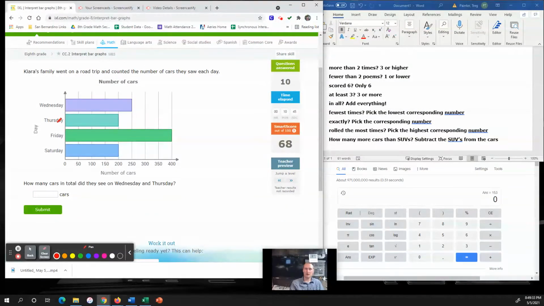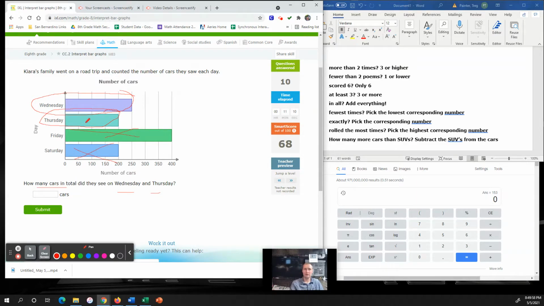All right. Kiara's family went on a road trip and counted the number of cars they saw each day. How many cars in total did they see on Wednesday and Thursday? So many cars in total. So what we're going to do is add up Wednesday and add up Thursday, which means Friday's extra information and Saturday's extra information.